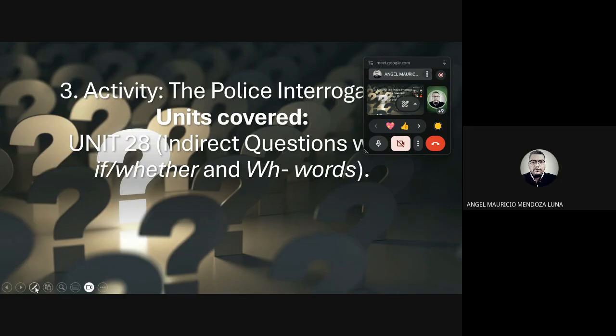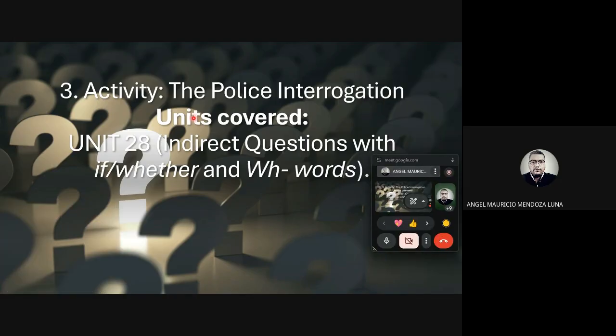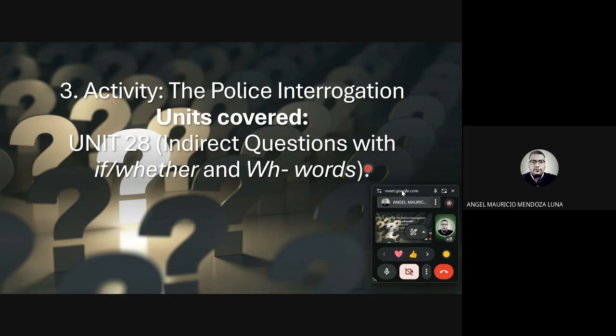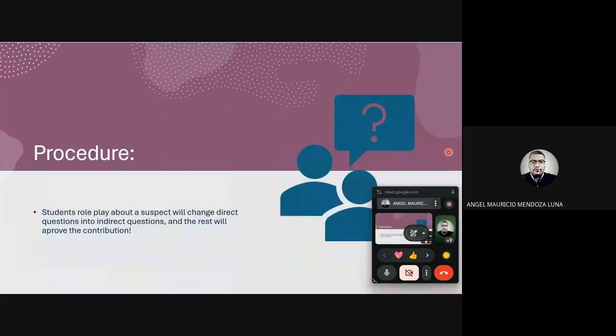The activity is called the police interrogation, and the content unit we're going to use right now is indirect questions with if, whether, and WH words, right? What does the activity consist of, my friends?